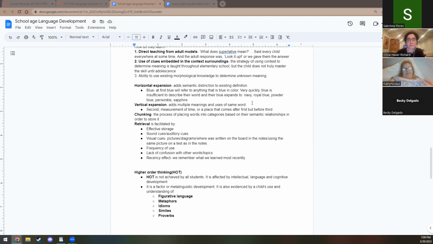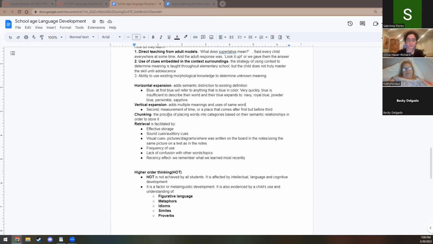Horizontal expansion is one word, she used blue as an example, and then they learned that there are different types of blue, like navy, powder blue, periwinkle, sapphire. Same thing with a dog: there are different types of dogs, you have huskies, German shepherds, dachshunds, and so on.